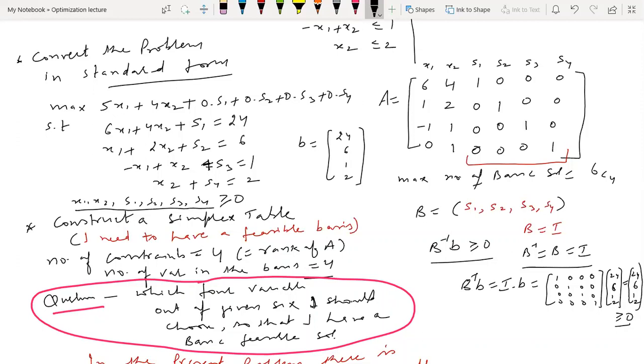Whenever you have an identity matrix in the given problem, you can always find a basis. Why? Because you collect all those variables which constitute the identity matrix. So those variables make a basis whose inverse I always know, and I always know that B inverse b is non-negative. Why? Because the right hand side is also a non-negative quantity, since it is in standard form. Is this clear? So once I have my basis, I can initiate the problem.